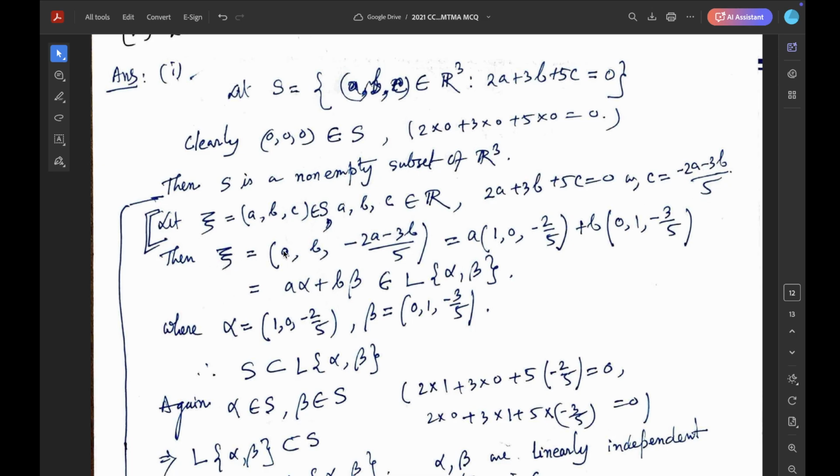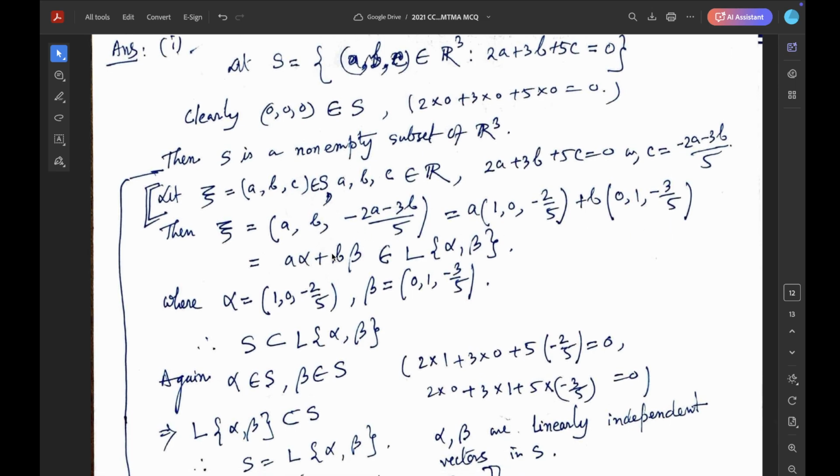So xi equals (a, b, c), and the value of c is this, so it equals a(1, 0, minus 2/5) plus b(0, 1, minus 3/5), that is a alpha plus b beta, where alpha and beta are these vectors. This belongs to the linear span of alpha, beta.